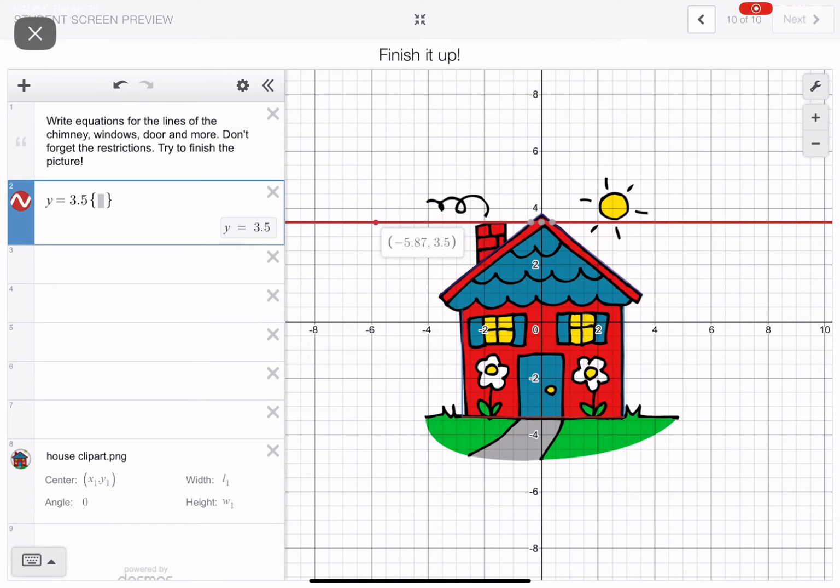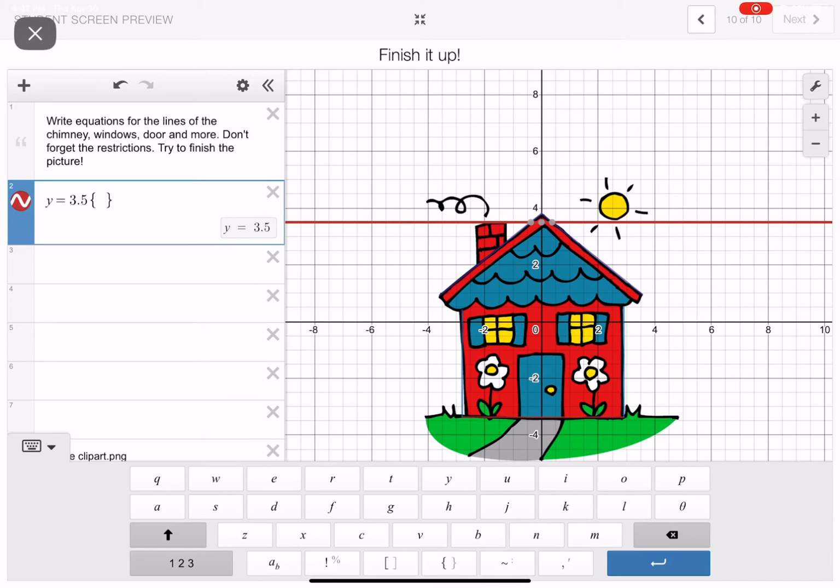That means the x's are what's changing. My y's are never changing, but my x's are.